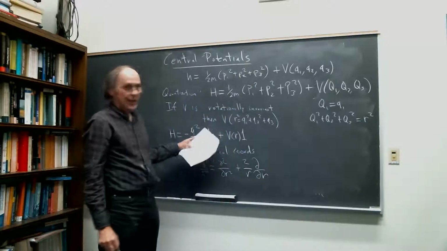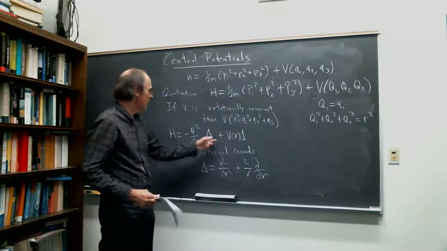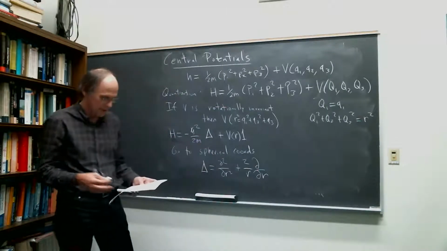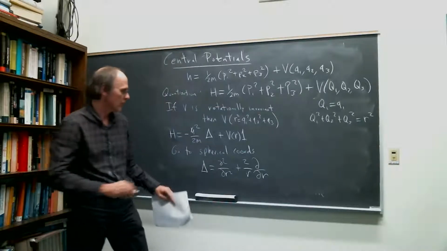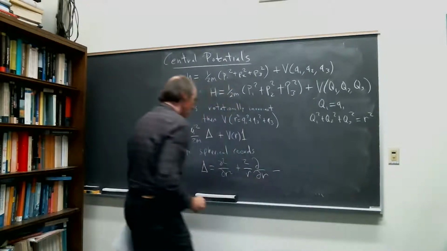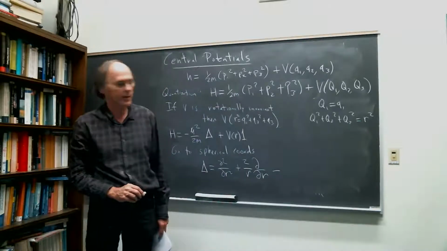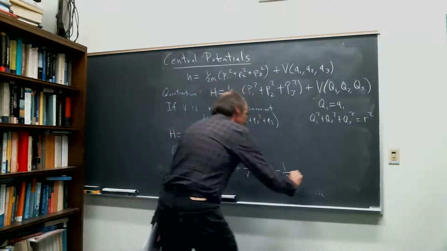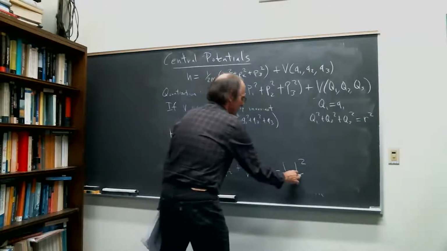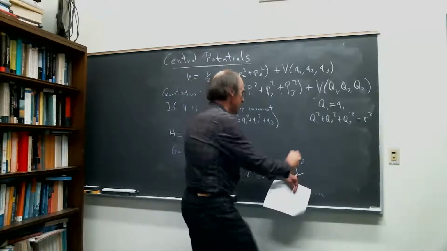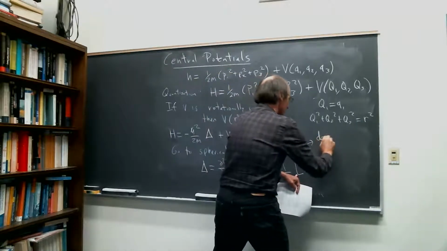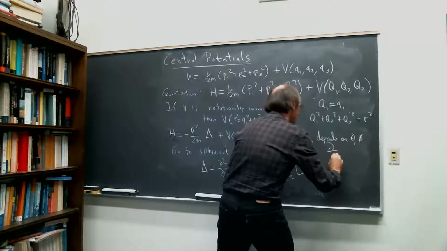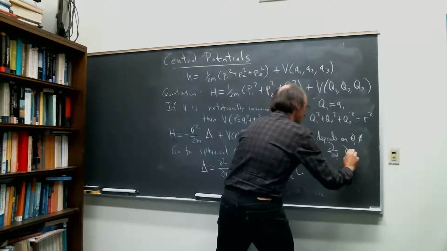But then the angular dependence has a special form. So let me just write down the answer, and you have to work out the calculation. It's 1 over r squared times an operator L, which depends on theta, phi, d/d theta, d/d phi.